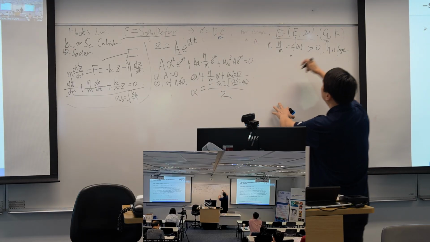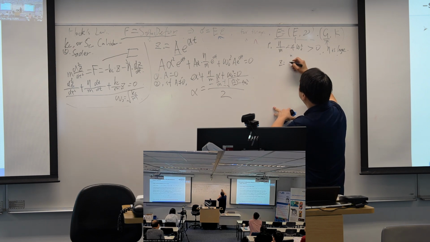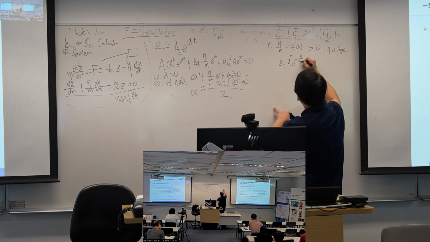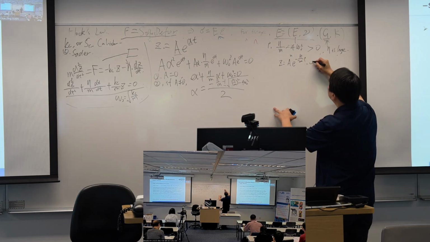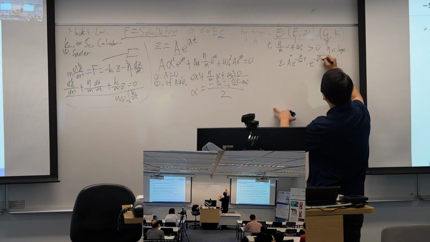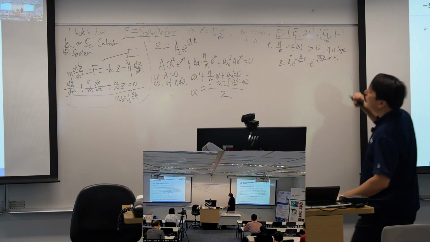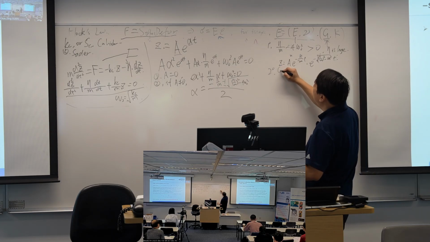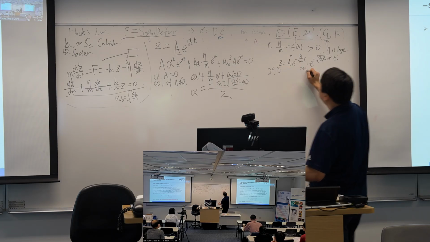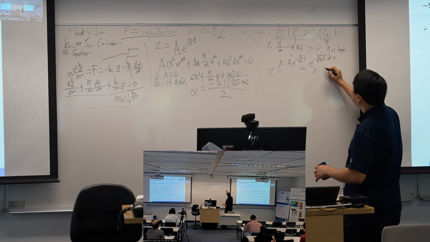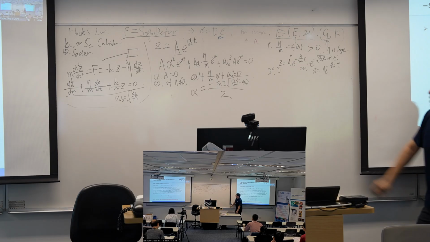If it's larger than 0, the solution is A e to the alpha t. And if it's critical, this equals 0, which means the solution is A e to the negative eta over 2m t.